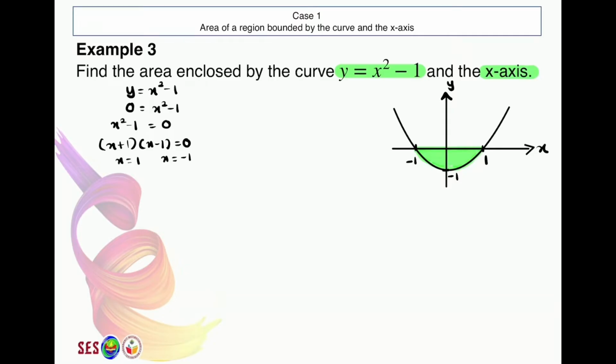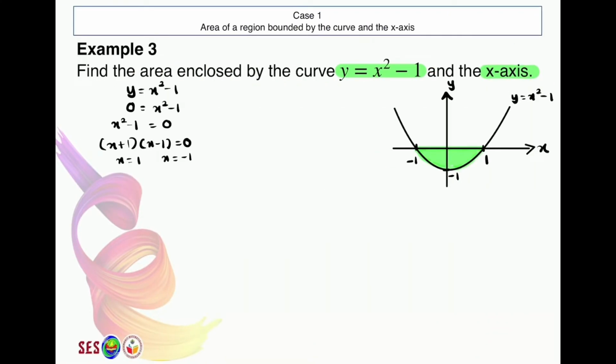So how do we go about finding it? To find the area enclosed by the curve and the x-axis, we need to use our formula. The area is the integral from a to b, which is the interval we will be integrating over, of the upper function minus the lower function, with respect to x.